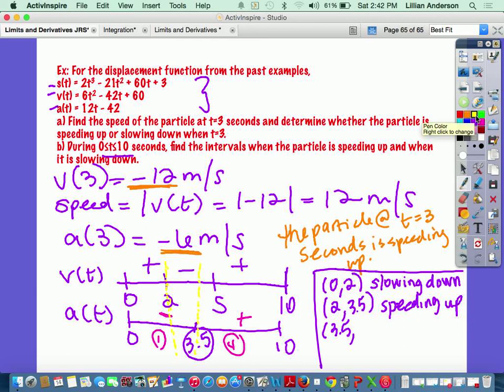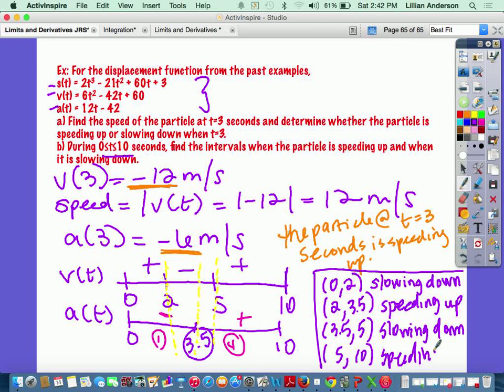Think about it. From 3.5 to 5, I'm negative with velocity but positive with acceleration. So from 3.5 to 5, I am slowing down because my signs are different. And lastly, from 5 to 10, I am speeding up because my signs are the same. And that's exactly how you would write it. Simple enough.